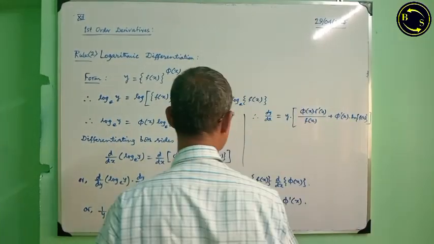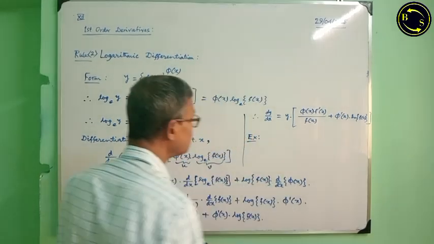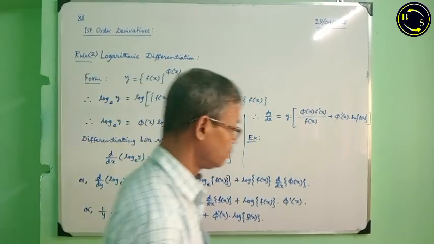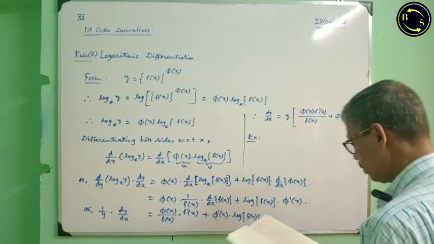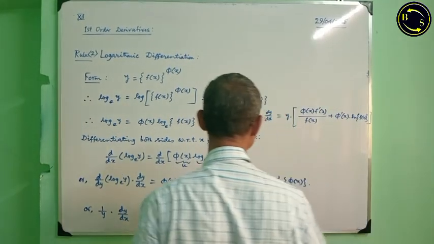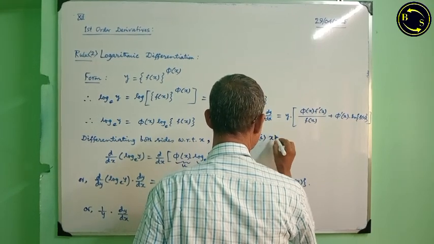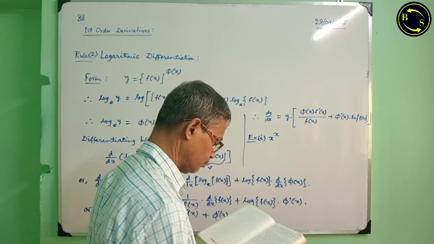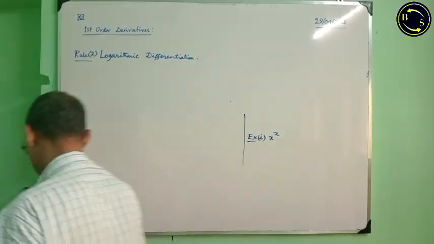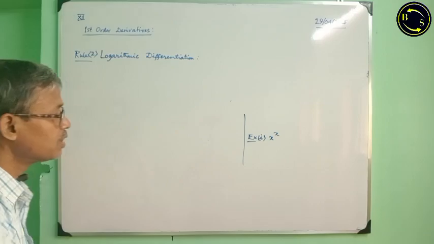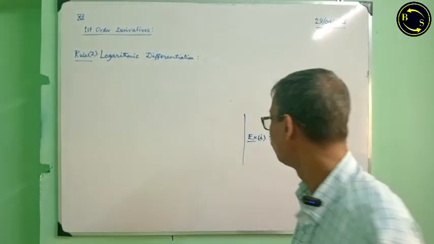Now I take a few examples to clarify the method. First of all, x to the power x. Here we see the base is variable, also the power is variable.